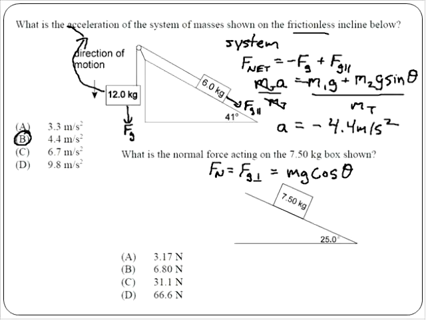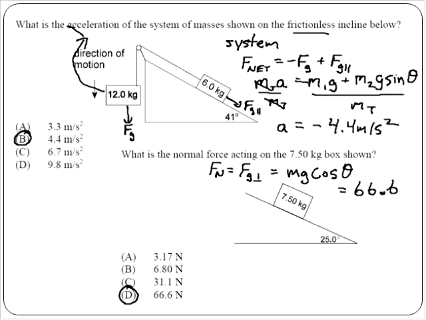So I take my mass that I'm given, I multiply it by g, which is a constant, and I multiply that by the cosine of the angle, which is 25.0 degrees. Do that, and you get this number, 66.6, which means your answer is D for this one.